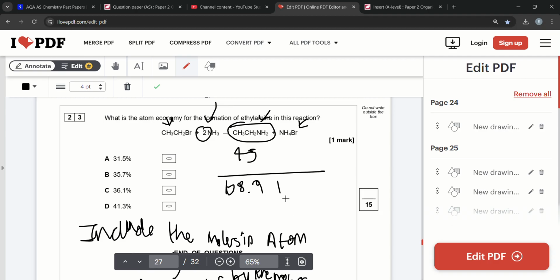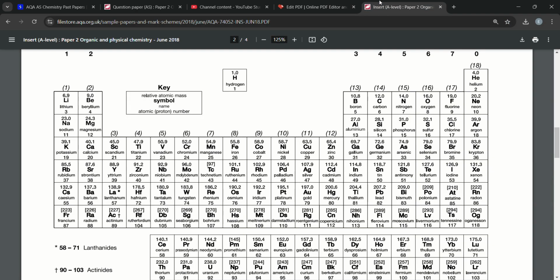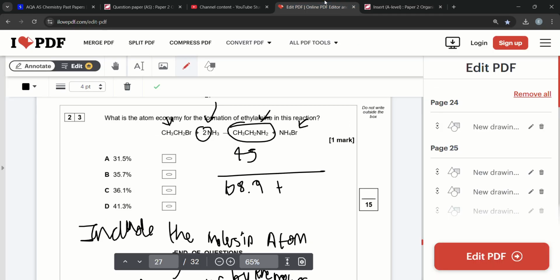So we add nitrogen 14 plus 3, 17, 2 times 17, 34. And obviously percentage, because all of these are given in percentages, times by 100. 45 divided by 108.9 plus 34, times by 100, should get 31.49%, so therefore 31.5%, therefore the answer is A.